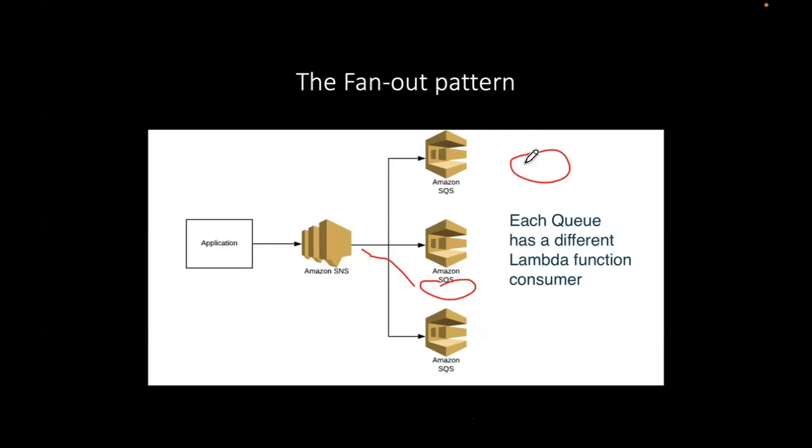Why you would use one over the other, I talk about in a later slide. There are cases where it's better to have the Lambda as a direct subscriber, and other cases where it's better to have the Lambda as a consumer for an SQS queue and have the SQS queue as the subscriber to the SNS topic. But for now, this is a setup that you might often see.